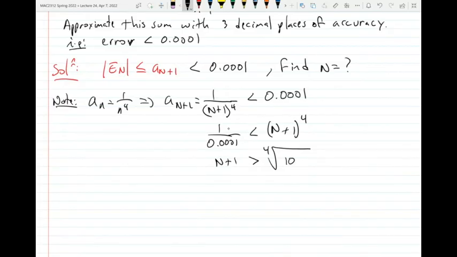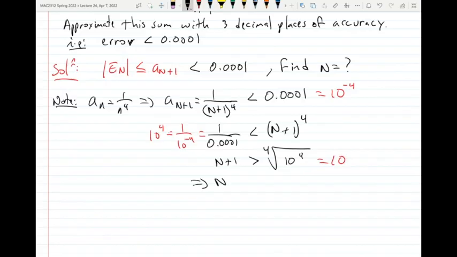So remember, 0.001 is the same thing as 10 to the negative 3, and when you move it to the other side, you get 10 to the 4, 10,000. So the 4th root of 10,000 is 10. So that means that I need n plus 1 to be bigger than 10.